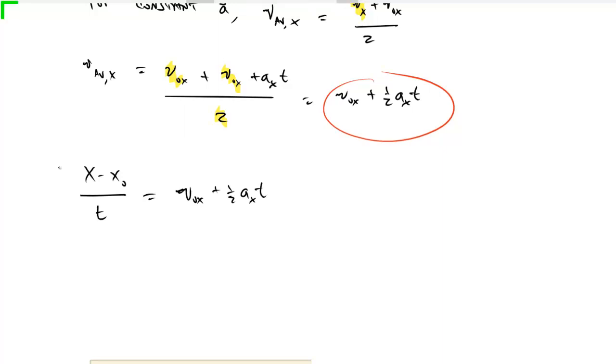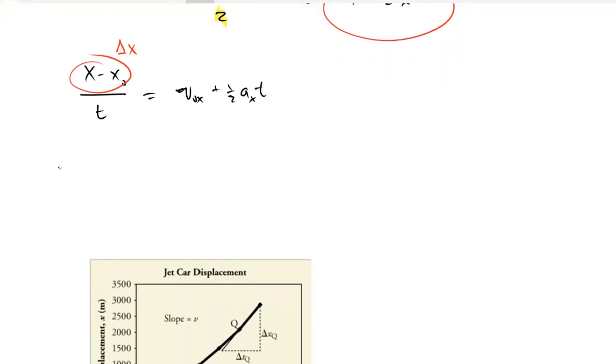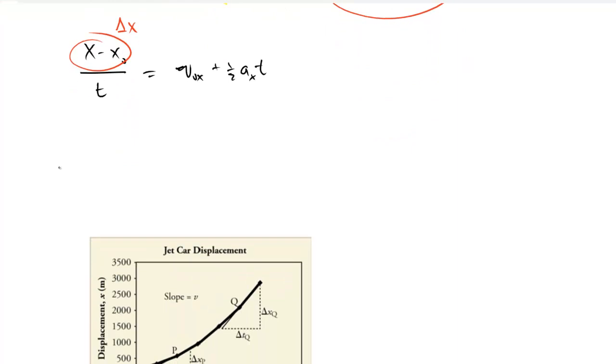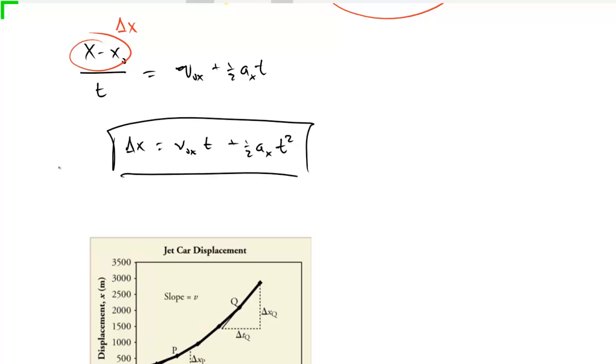Now previously we used delta notation, said x minus x naught was delta x, so I'm going to return to using that notation. In solving this, we have delta x is equal to v naught x times time plus 1/2 a x times the time squared. And this is the relationship between displacement, starting velocity, acceleration, and time.